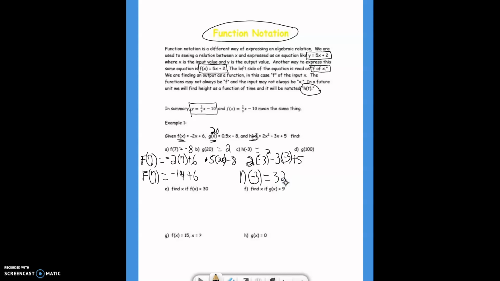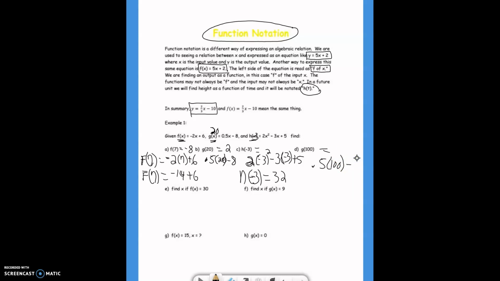And then if you look at the last one, G, so again, I'm going to go back to my G function, which is the second one, and I am going to plug in 100 this time. Okay, so let's see what that would be. That would be 0.5 times 100 minus 8.